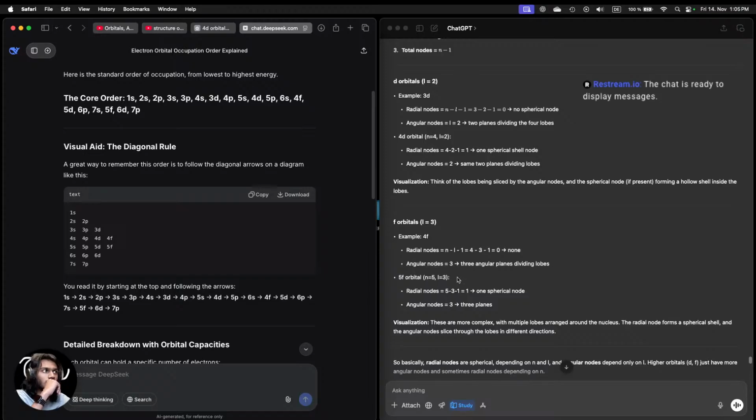F orbital, of course, F orbital has part of 6s. Okay.